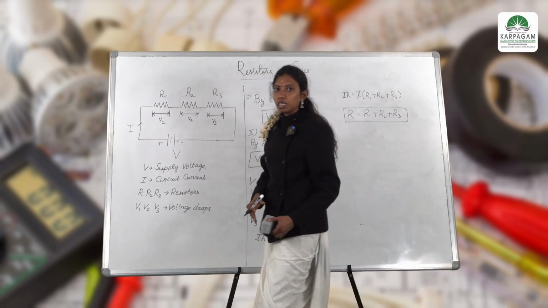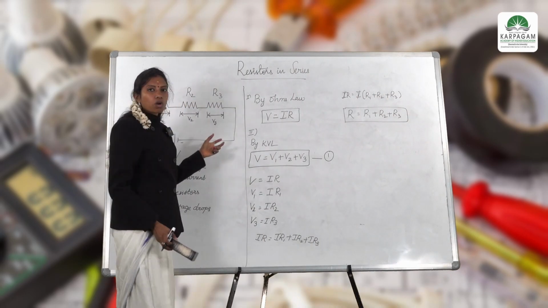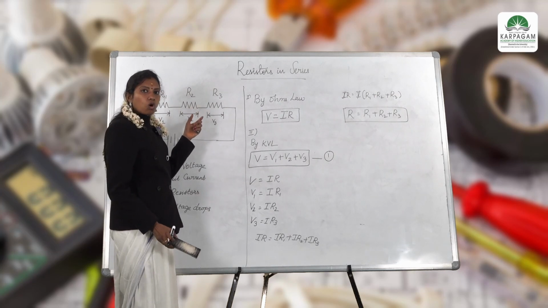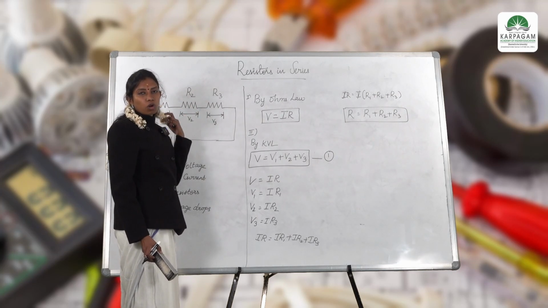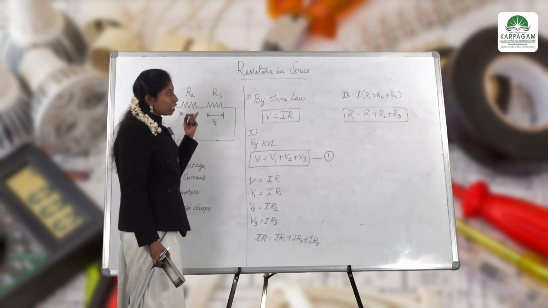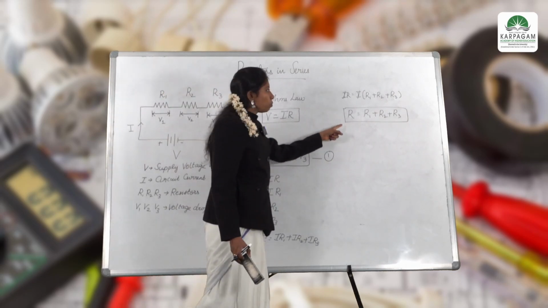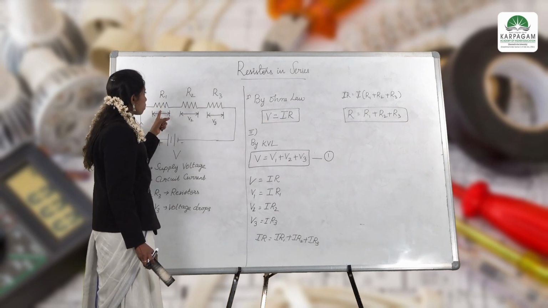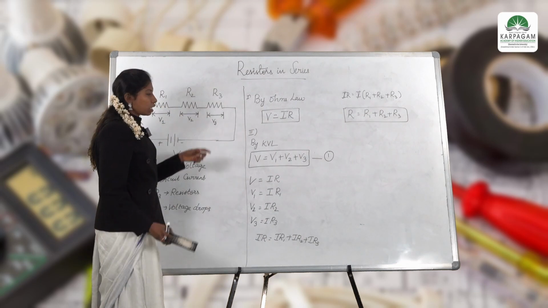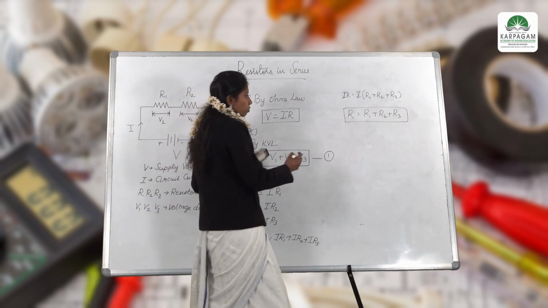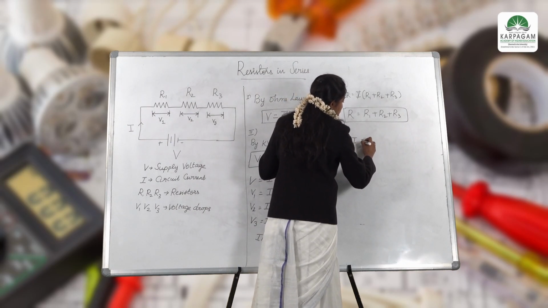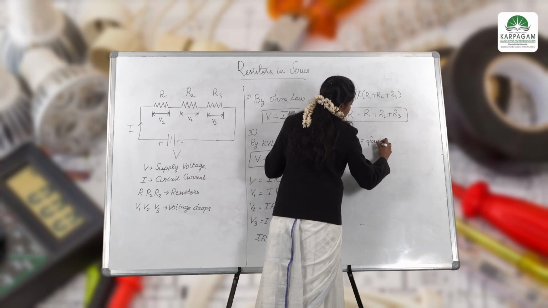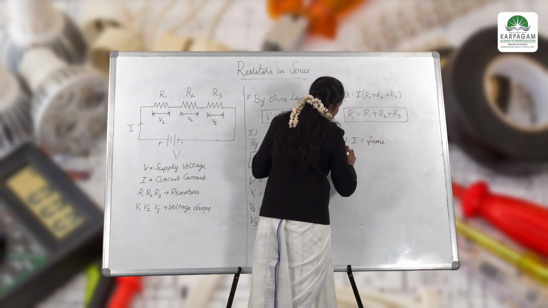So when two or more than two resistors are connected end to end, that is what we call a series connection. In a series connection, the total resistance R will be equal to R1 plus R2 plus R3. There are three main points we need to remember in case of a series circuit. The first thing is that the current passing through the resistors will be the same. The same current will flow through the entire circuit.